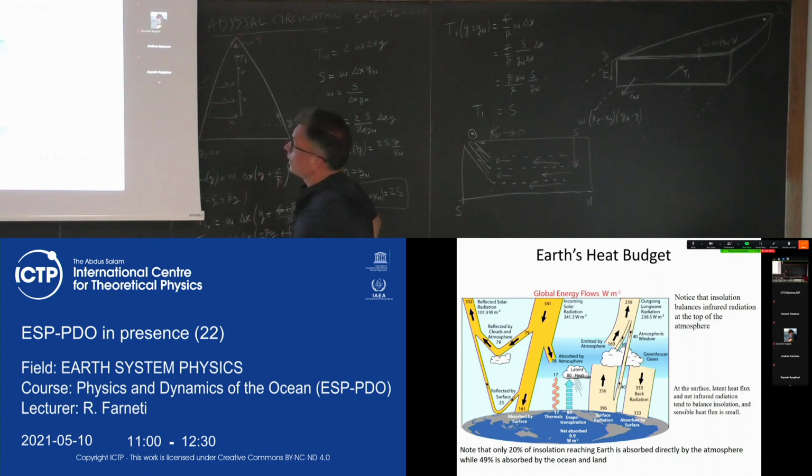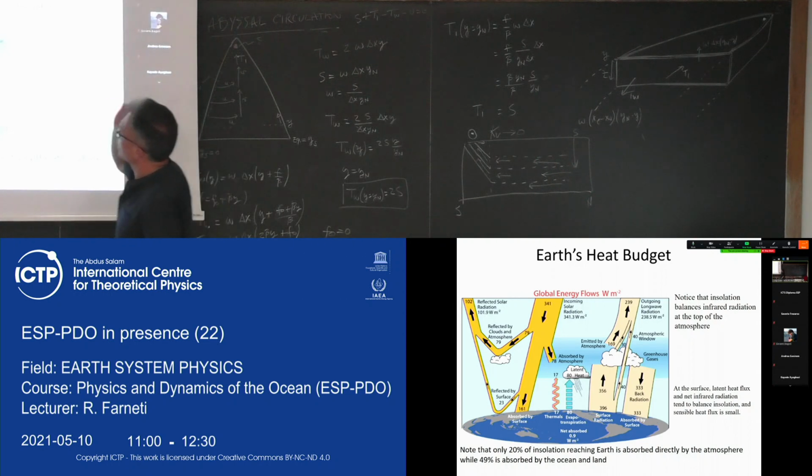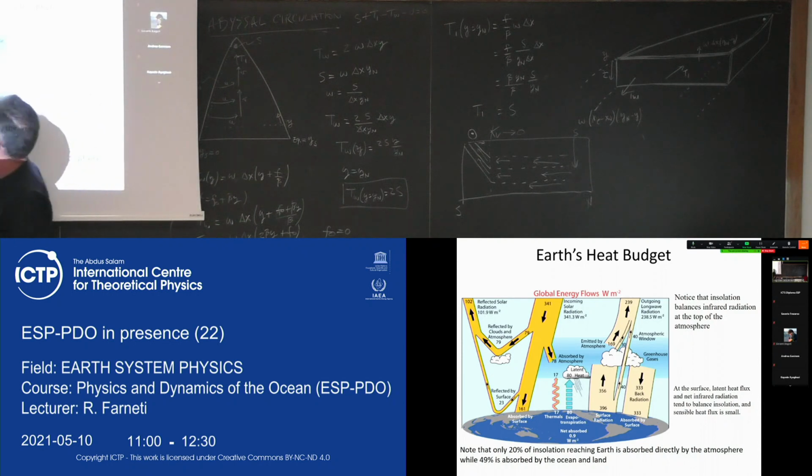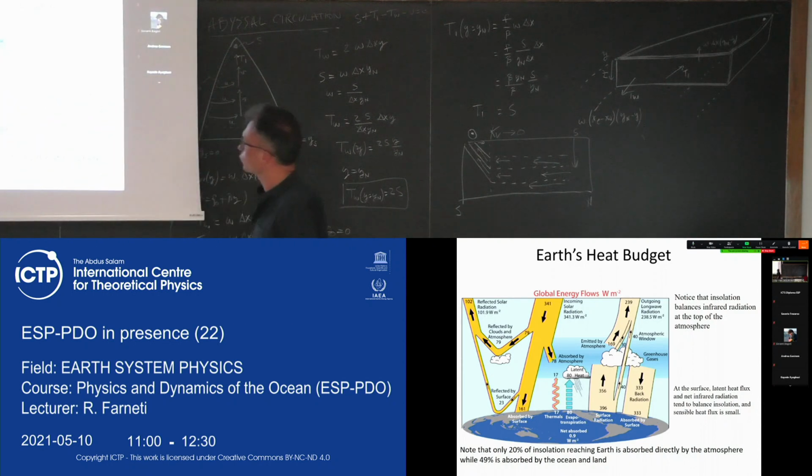So if you start by having in mind climate change, perhaps, right? This is a complicated but very interesting map of the Earth's heat budget. Okay. Incoming solar radiation is roughly 340 watts per meter squared.